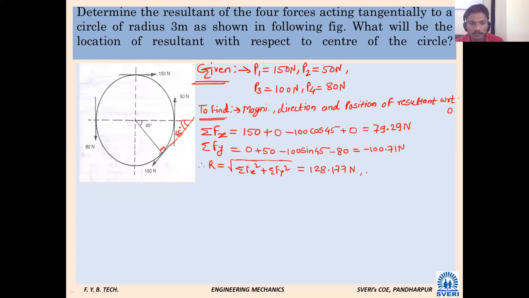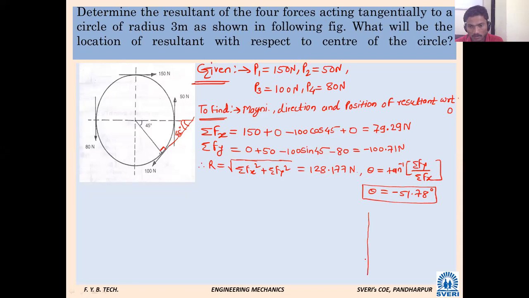Theta is equal to tan inverse of summation Fy divided by summation Fx. Minus 51.78. So as theta comes negative, how do we have to show this?